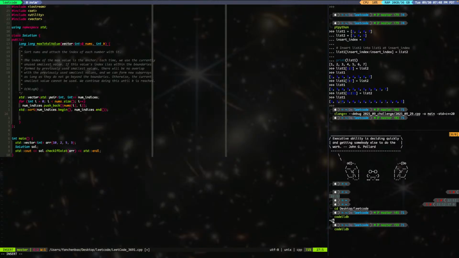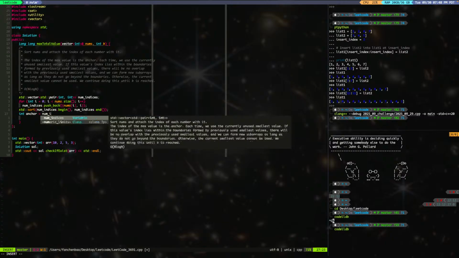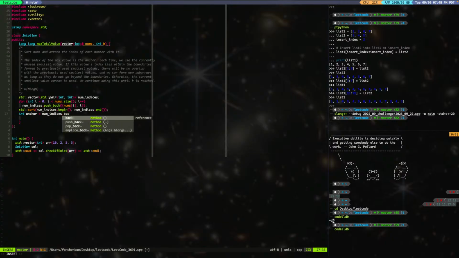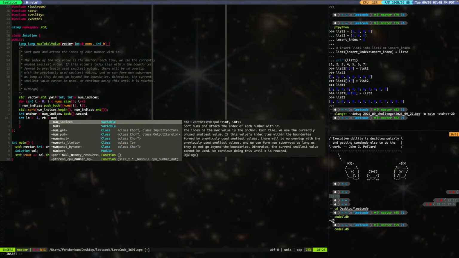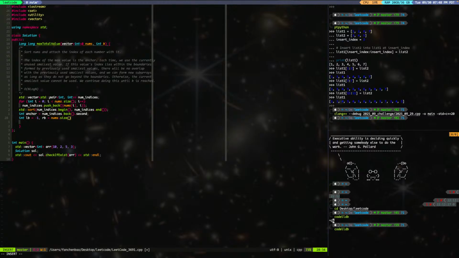Okay, so now int anchor is nums indices dot back dot second. Right, that's the anchor. Left bound is -1. Right bound is nums.size. Okay, so I have these two.